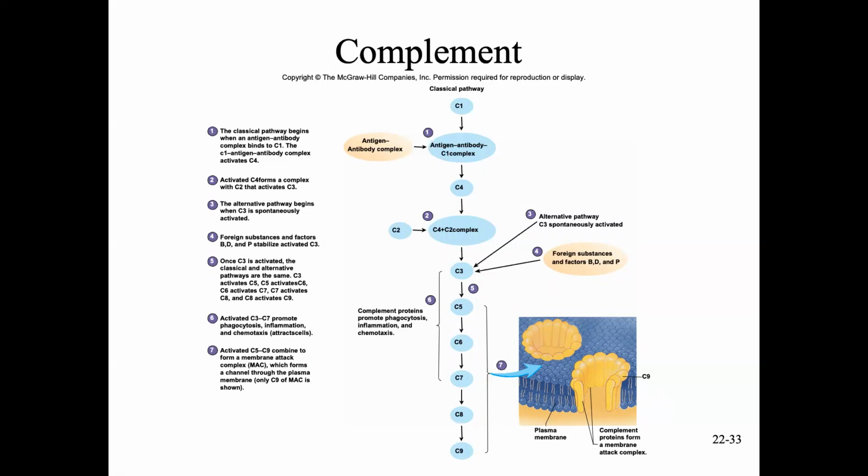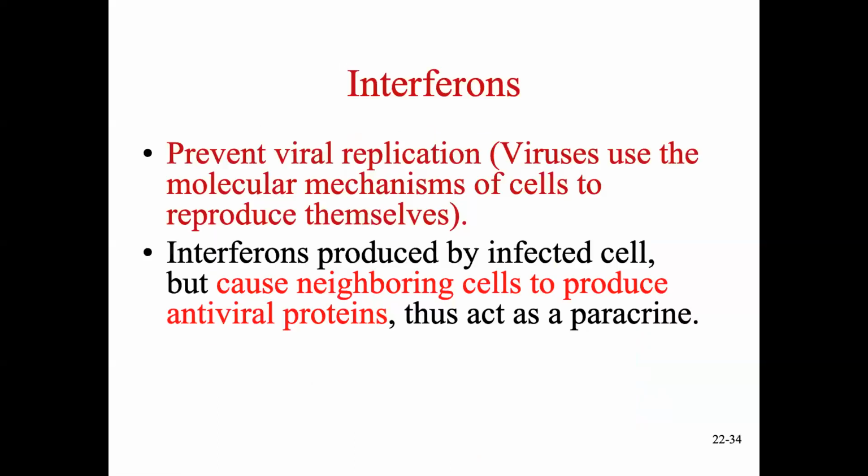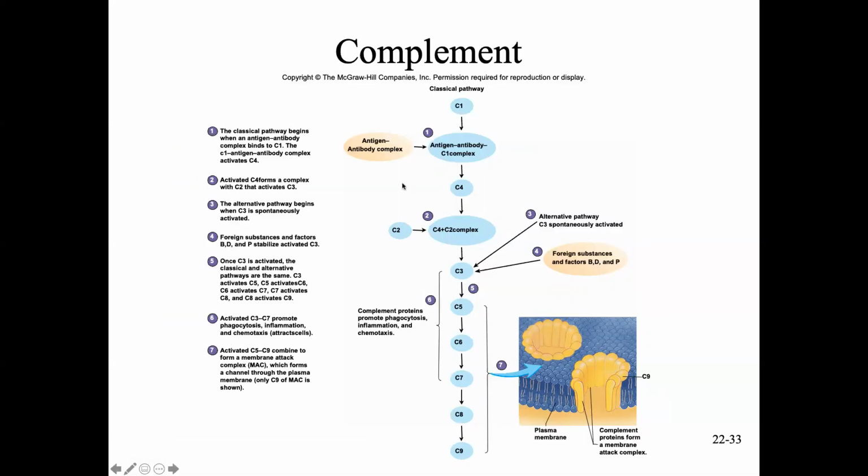Some of you will be taking higher level immunology courses, some of you will be taking microbiology, and they talk a little bit more about it in your class. But in our class, we just don't have time to go to the same detail. What I want you to know for our class is the end result of complement activation. One of the end results is forming this membrane attack complex, or MAC, right?